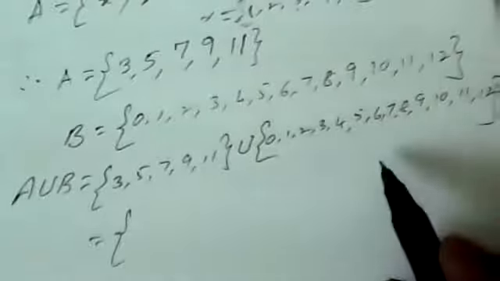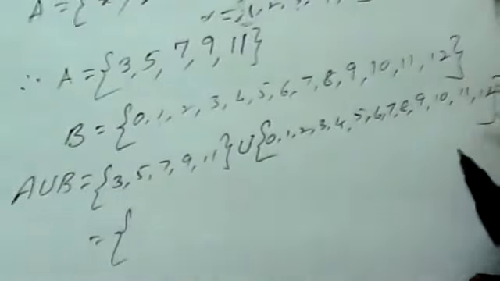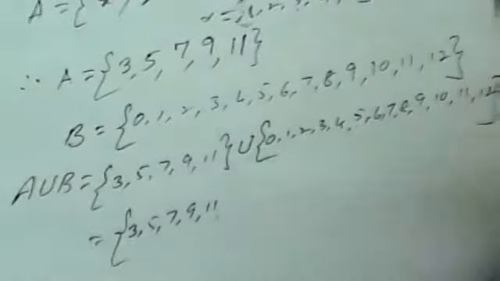And this will be equal to adding all those elements. So let us write in order. You have to list out all the elements. So you write 3, 5, 7, 9, 11.